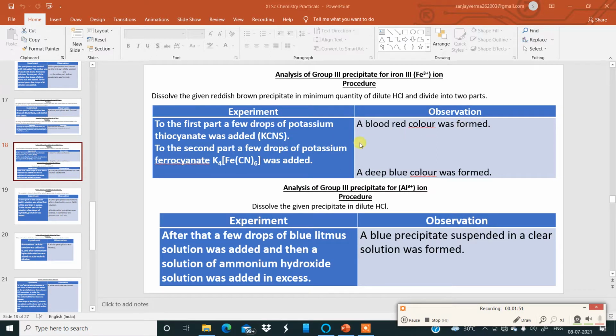To the second part, a few drops of potassium ferrocyanide must be added, and a deep blue color will be formed. First I will show you this demonstration. Have a look.